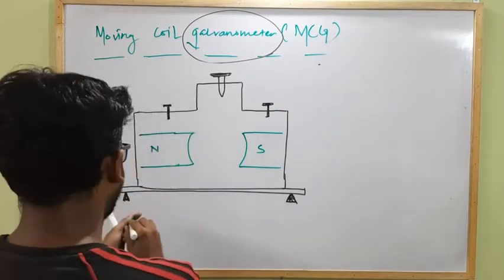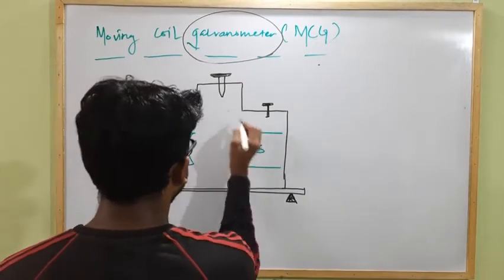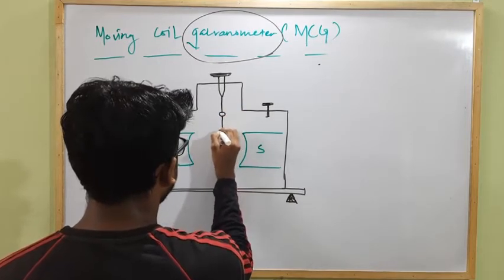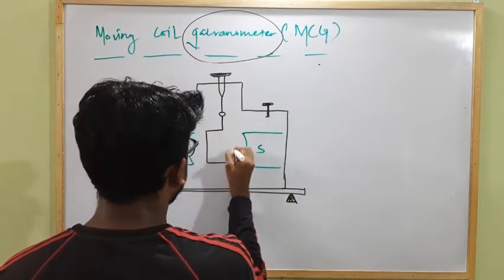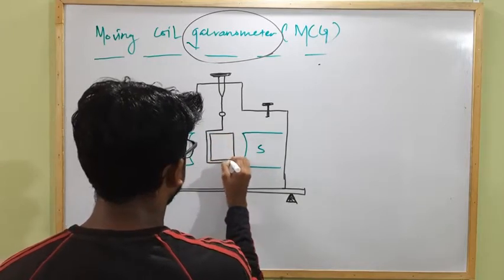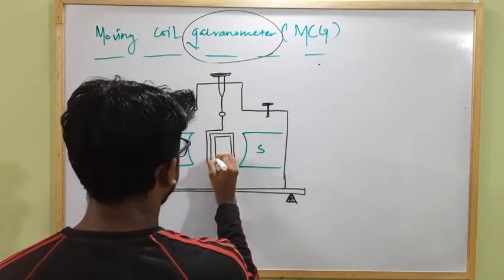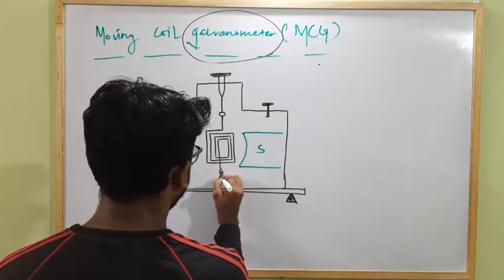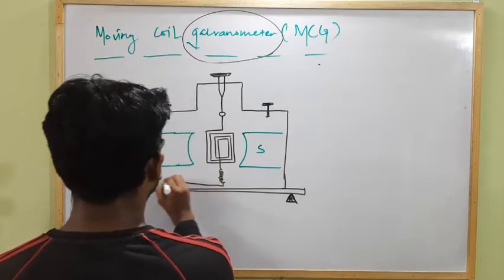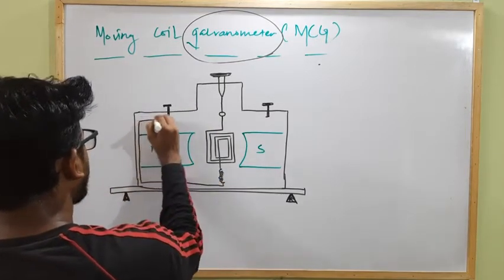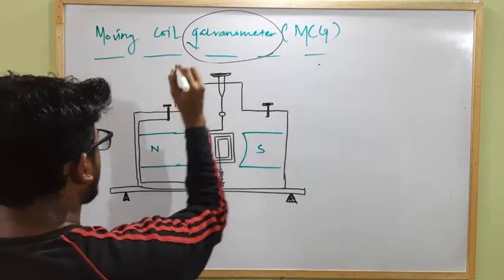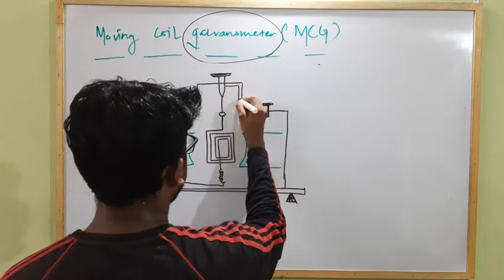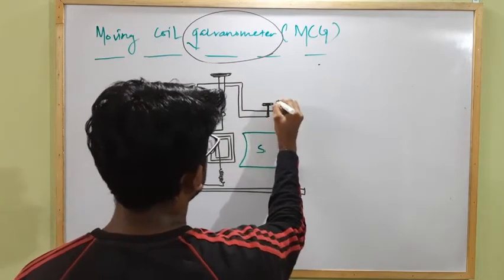And within this there is a coil which is wrapped in a frame, and the other end is connected with a spring, and the spring through the terminal, let it be T1, and this end is connected to the other terminal T2.